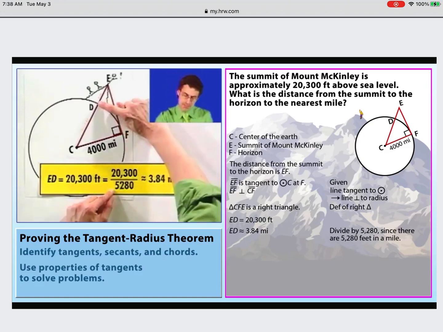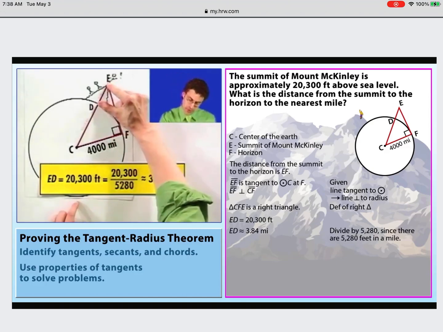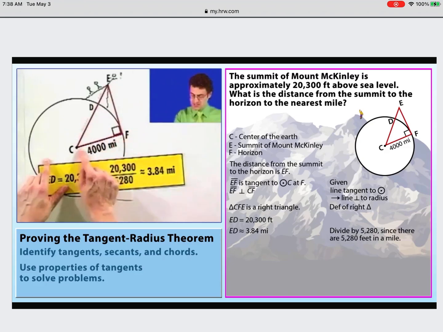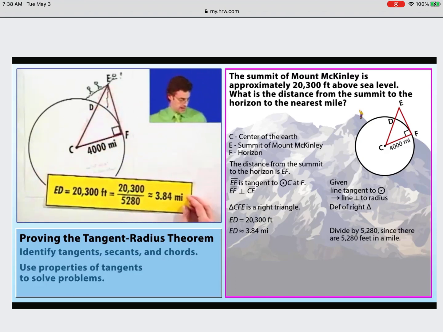So how many miles did we travel up there? Roughly 3.84 straight up. So if this is 3.84, we know this is still the same as the radius, so that's still 4,000.